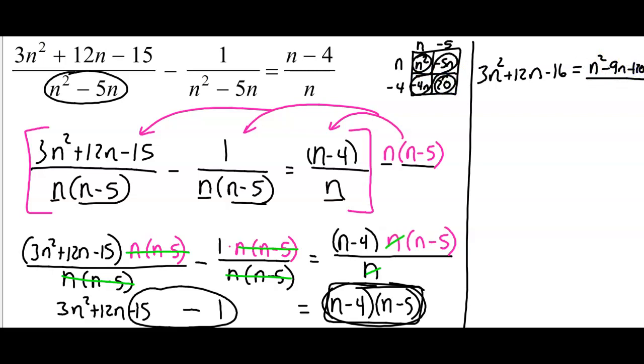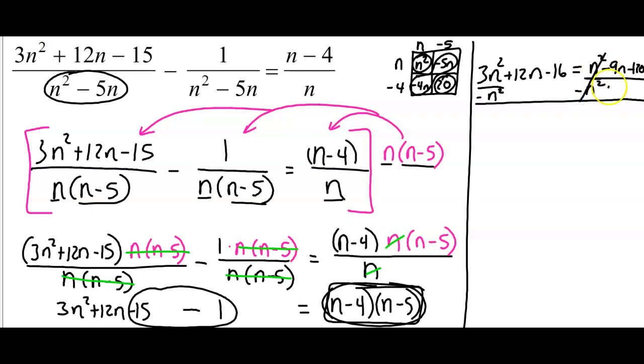Okay? Now, notice that on this problem we have squares on both sides. That means we have a quadratic, and when you have a quadratic, you need to move every term over to one side so it equals 0. So I'm going to subtract n squared on both sides. That way these cancel out.